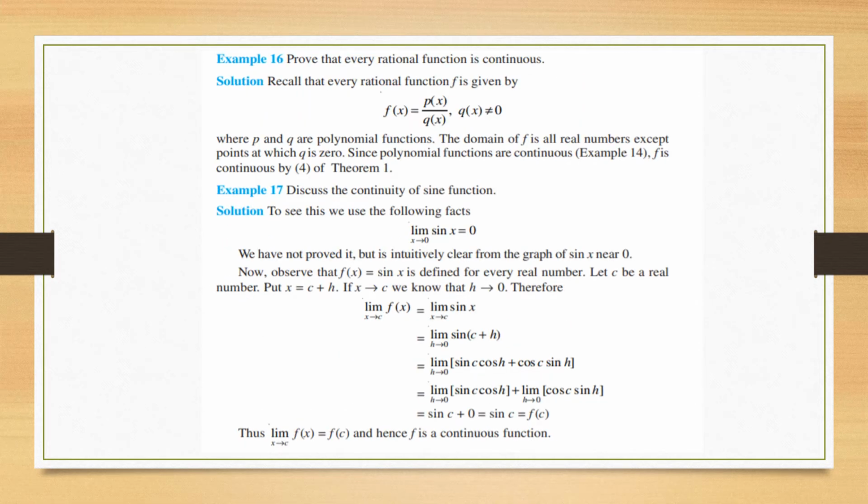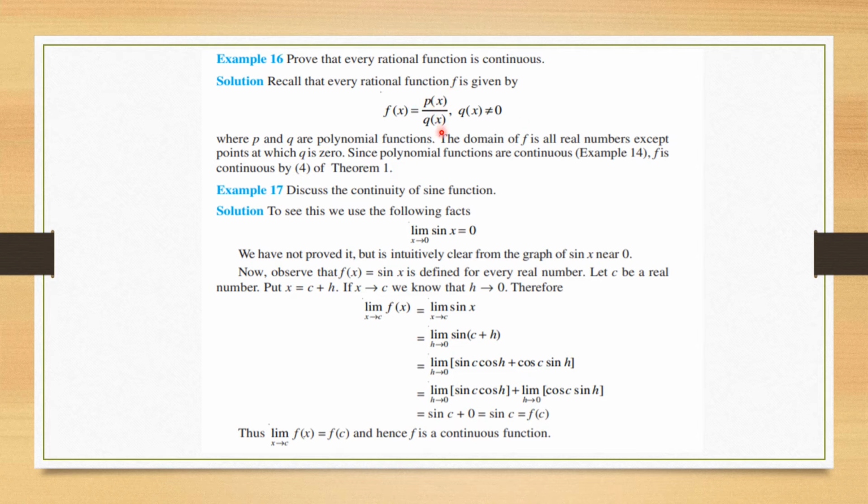Now example number 16. It says prove that every rational function is continuous. A rational function is like p(x) upon q(x), and we know that the function should be defined. It will be defined only if the denominator is not equal to 0.